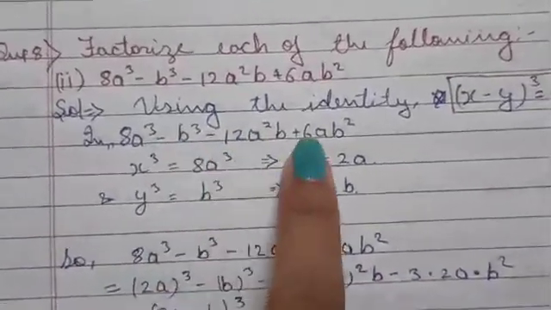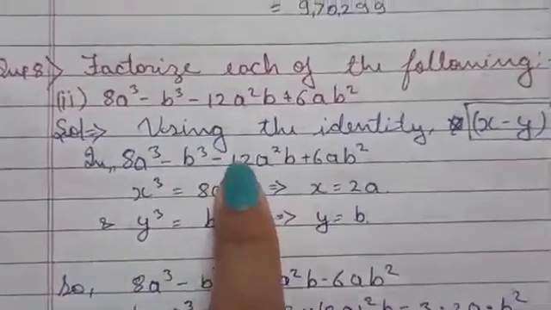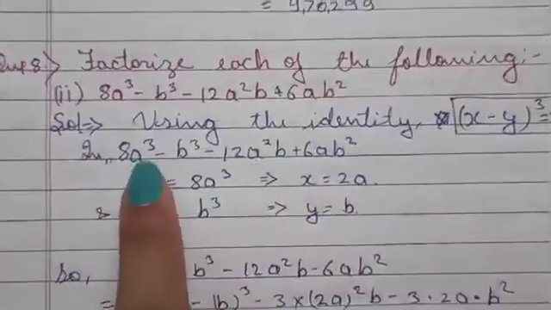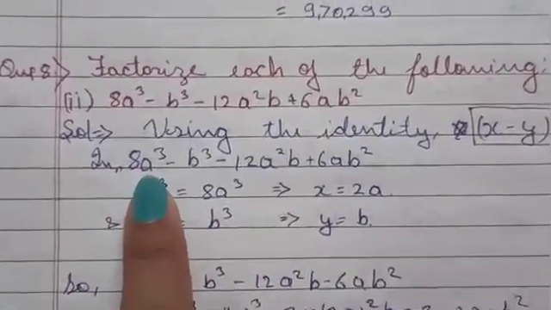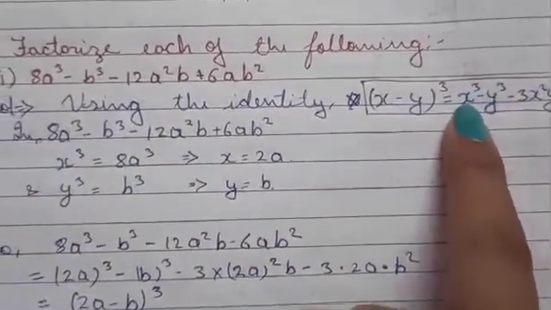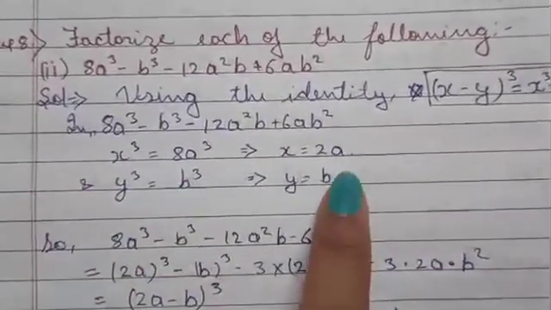We have this expression 8a cube minus b cube minus 12a square b plus 6ab square. Here the first term is 8a cube, which will be equal to x cube, so we have to get the value of x first.